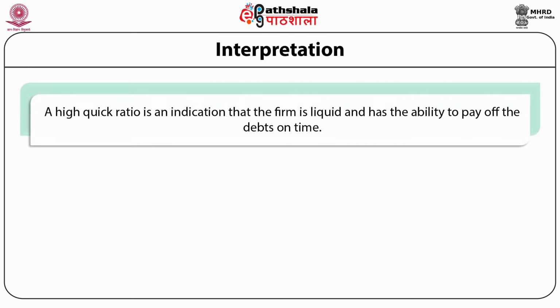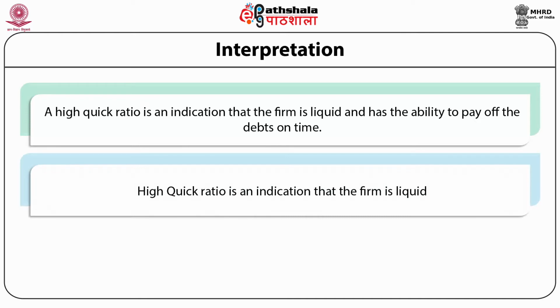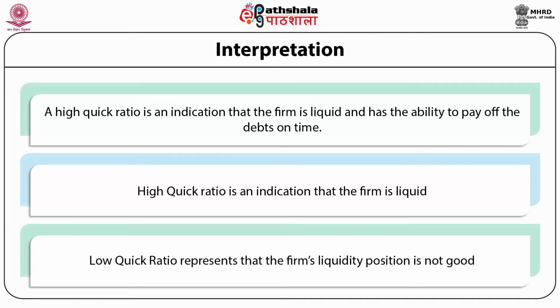A high quick ratio is an indication that the firm is liquid and has the ability to pay off the debts on time. A low quick ratio represents that the firm's liquidity position is not so good.